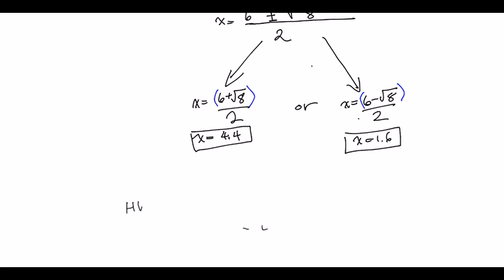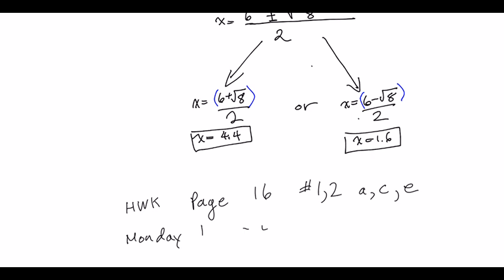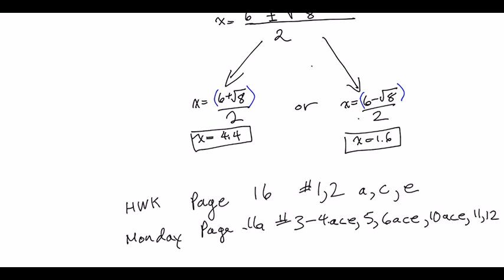Homework is page 16, number 1 to 2, A, C, and E. On Monday, when we get back to school, we will work on page 16, number 3 to 4, A, C, E, 5, 6, A, C, E, 10, A, C, E, 11, and 12.